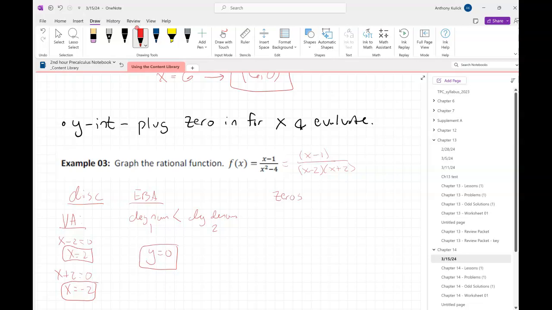Okay, I'm going to calculate my zeros. To do that, I'm just going to take my numerator and set it equal to 0. Cool. And the last thing I'm going to get is my y-intercept.